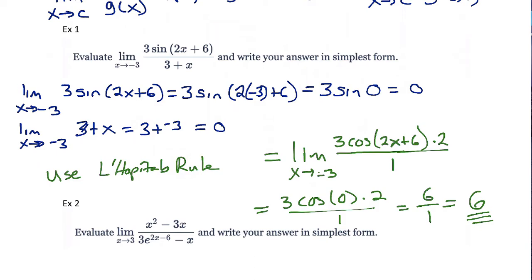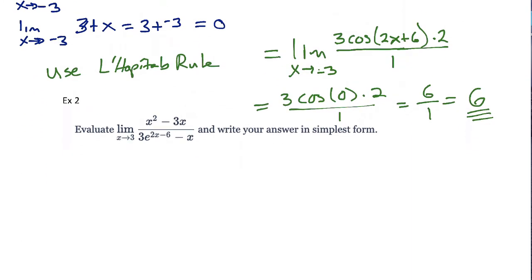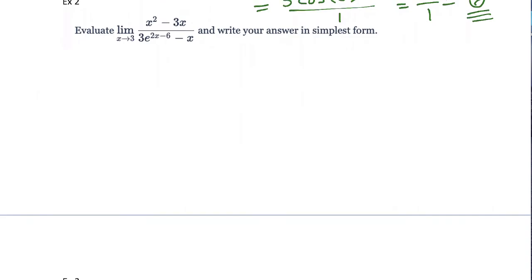So it's okay to think to yourself, on this next problem here, I know if I put in 3, I'll get 0 on the top, and if I put in 3 on the bottom, I will get 0, and I go, I'm going to use L'Hopital's rule.